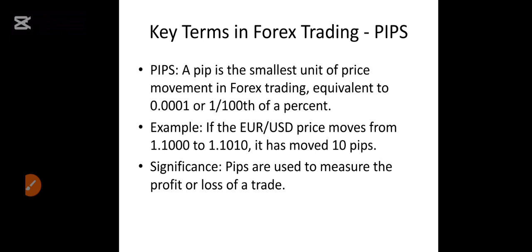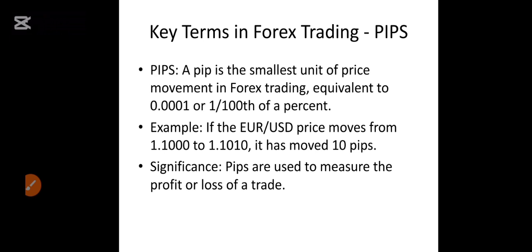So one is what? Pips. A pip is the smallest unit of a price movement in the forex market, equivalent to 0.0001 or 1/100 of a percent.